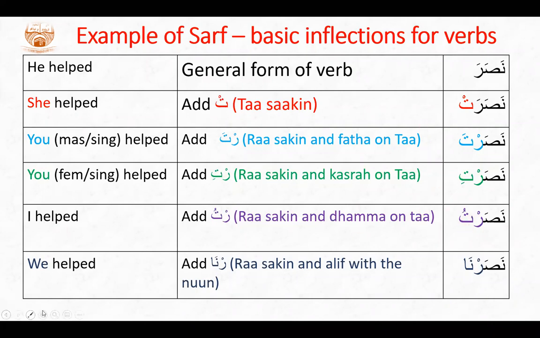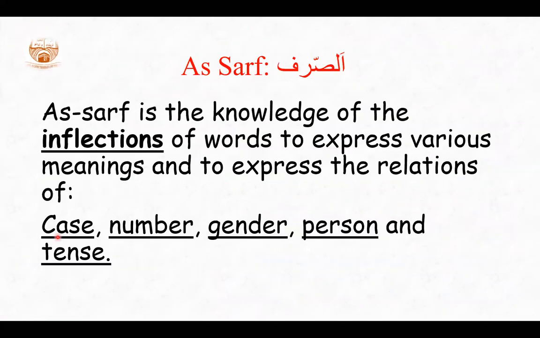So these examples just give us a broad idea of what sarf is, and I'm going to read it back. Perhaps you'll understand it better now. Sarf is the knowledge of the inflections of words to express various meanings and to express the relation of case, number, gender, person, and tense. So we get the part about inflections. The word can change. It can flex, so to say.